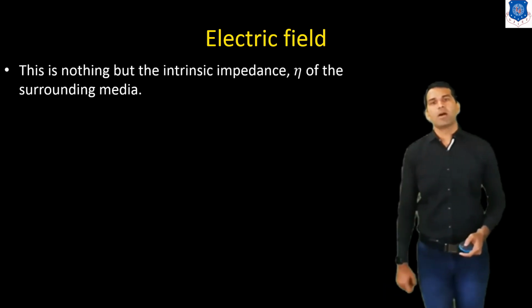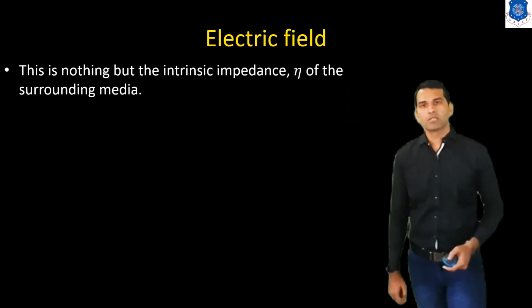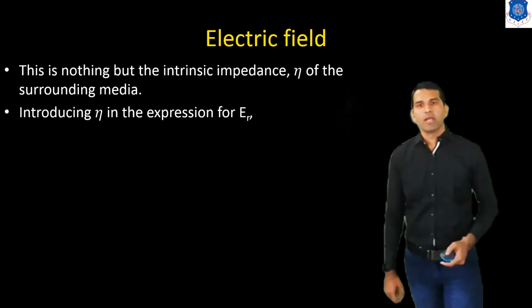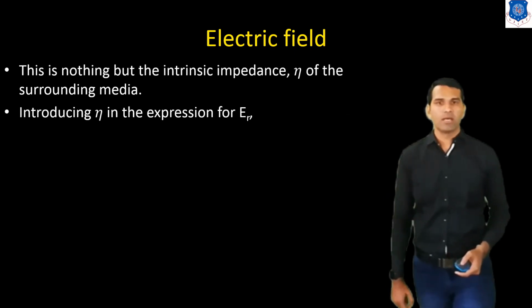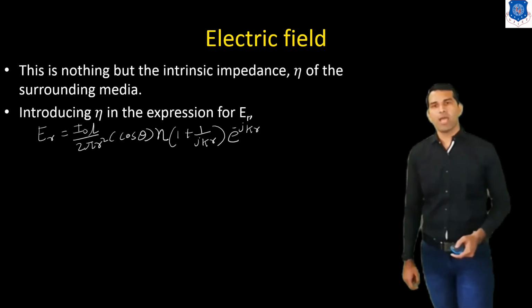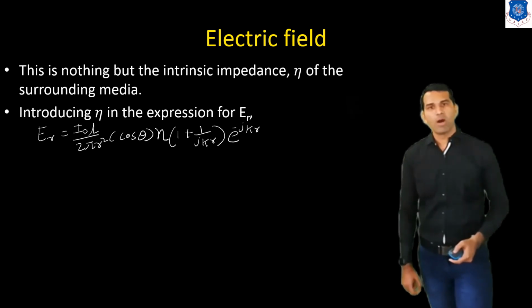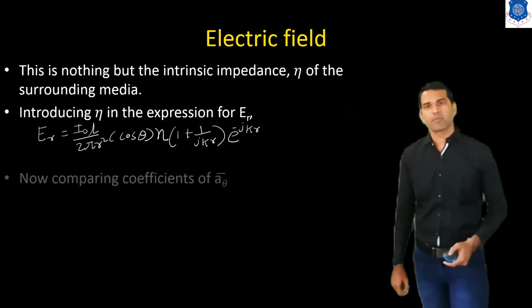This is nothing but the intrinsic impedance eta of the surrounding medium. Introducing eta in the expression for E_r, we can write E_r equals I0 L upon 2 pi r square, cos theta, eta, (1 plus 1 upon jkr) e raised to minus jkr.